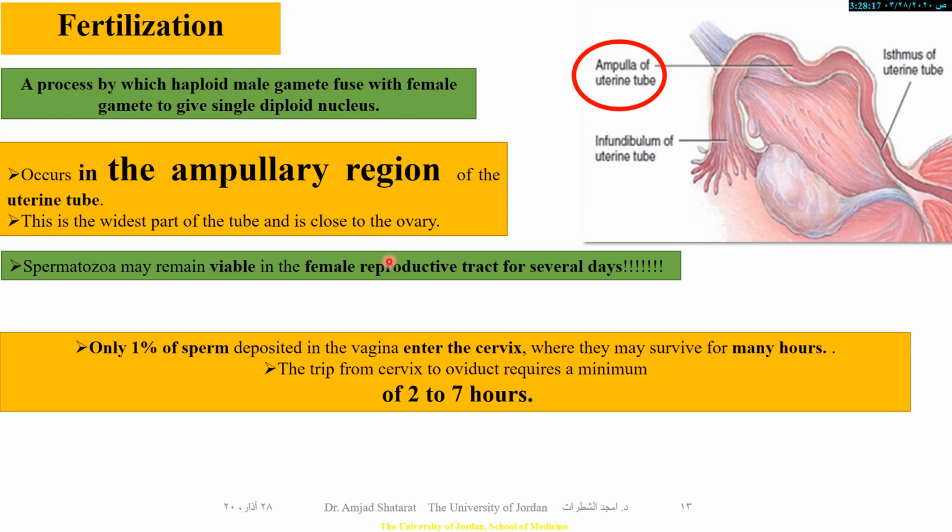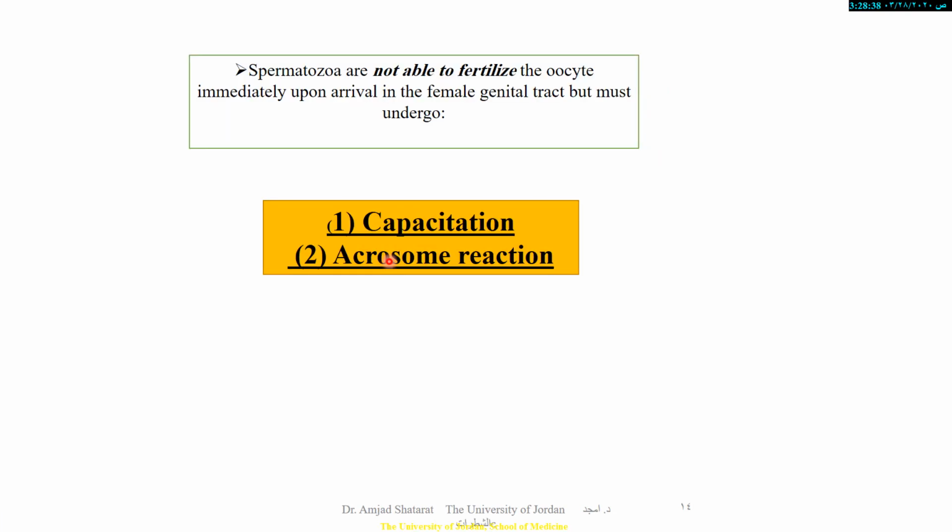Only 1% of sperm deposited in the vagina enter the cervix, where they may survive for many hours. The trip from the cervix to the oviduct requires a minimum of 2 to 7 hours, and all this to fertilize the egg.